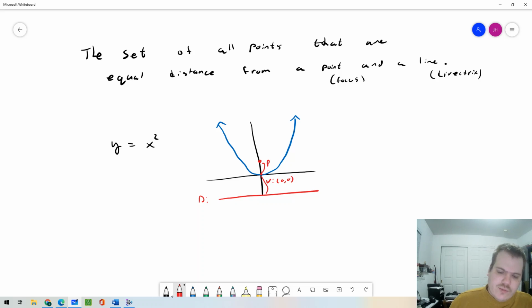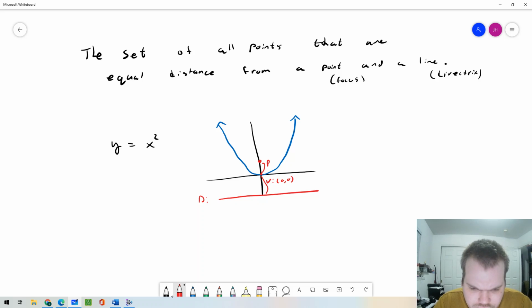So it's going to be the same distance to the focus as it is to the line. So the vertex is exactly in the middle, or halfway between the directrix and the focus.